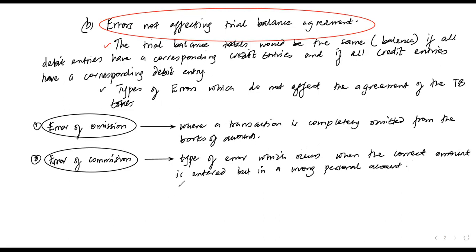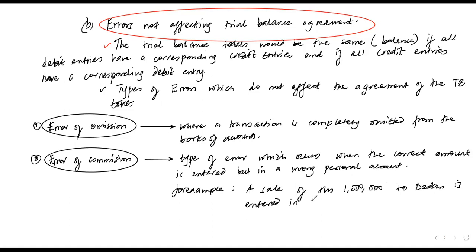I can give you an example. For example, if we have a sale of shillings 1 million to Didan, and it is entered in the account of Digan, this is an error of commission.